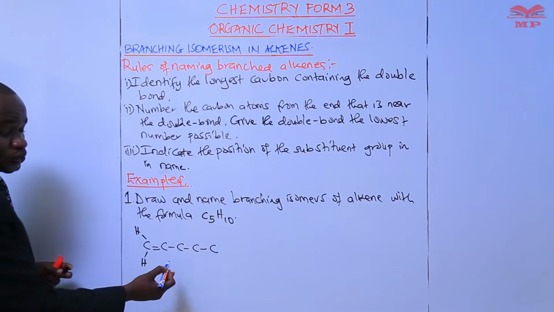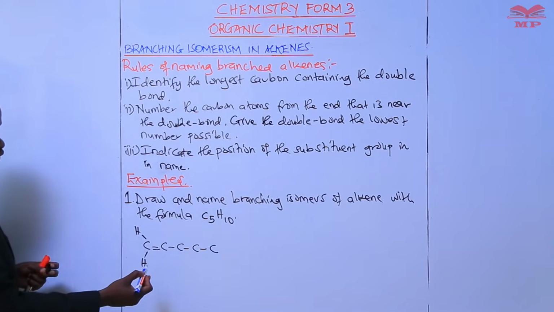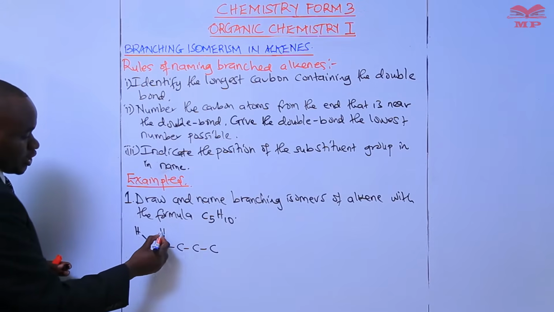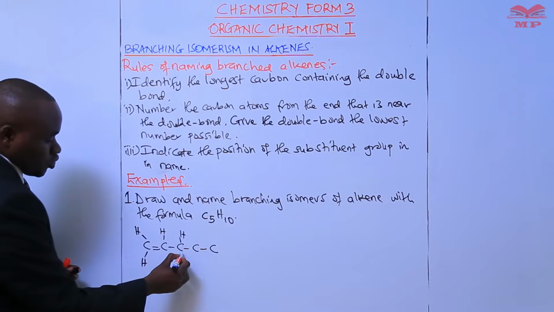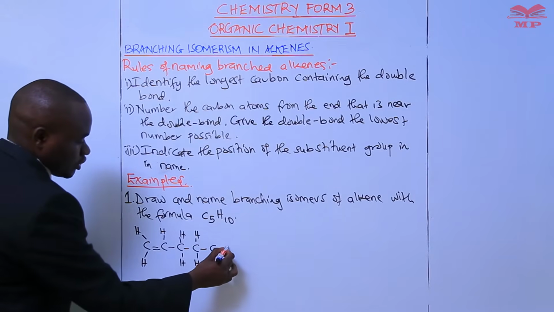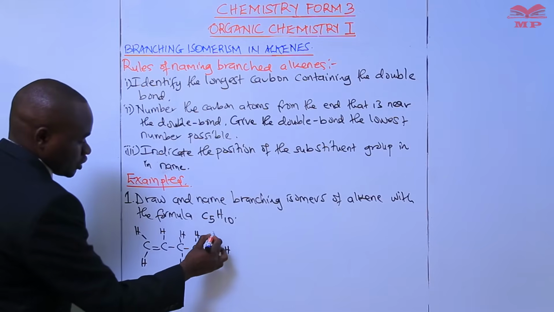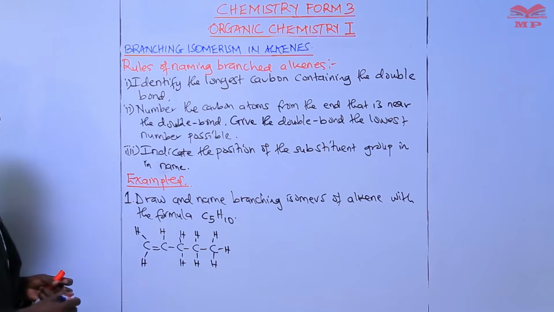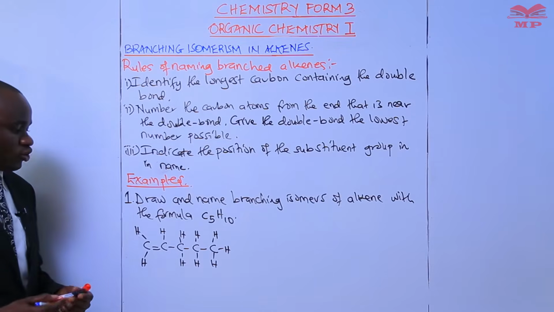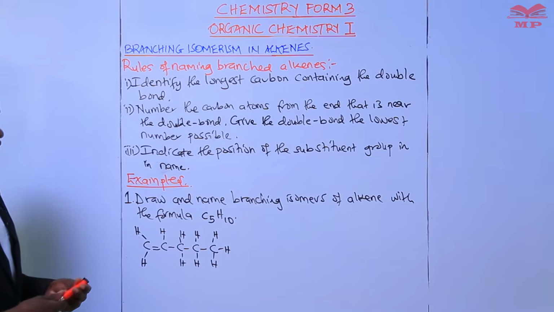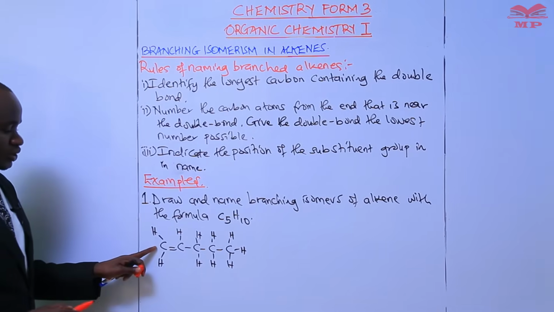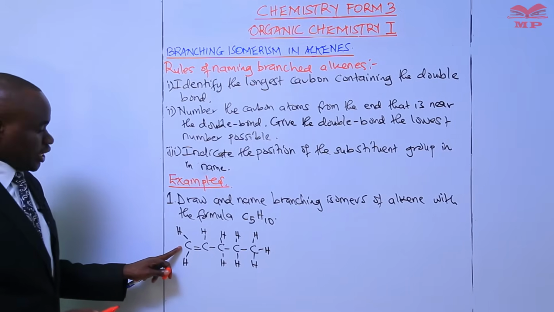Remember, when you are drawing the structure, each carbon should have a total of 4 covalent bonds. So the second one, we are adding one more bond. The third one, we add 2. Fourth one, we add 2. Fifth one, we add 3 bonds. So that will make sure that each carbon has a total of 4 covalent bonds.